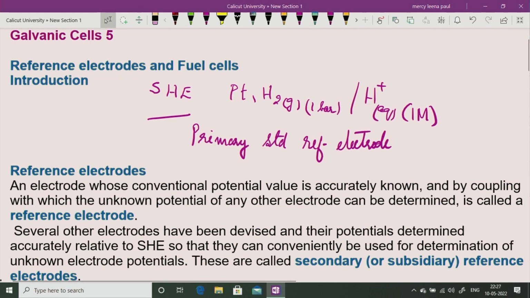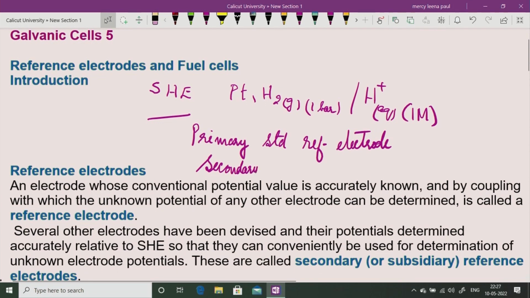Now, combining this electrode with certain other electrodes, we are going to fix their potentials, and using those electrodes you can measure the other electrodes whose potential has to be determined. So, we are going to find some electrodes which can be set up easily and conveniently used, and such types we call secondary electrodes.